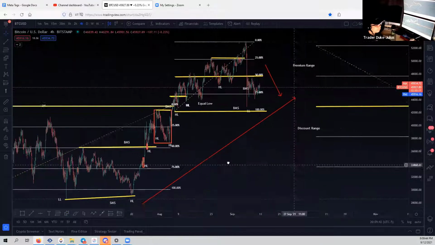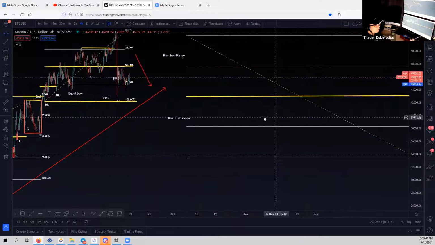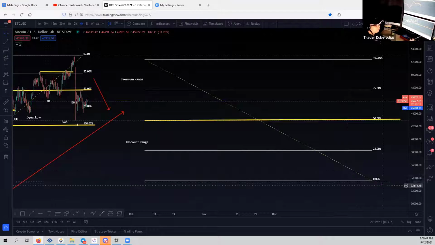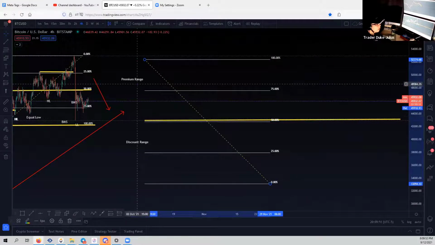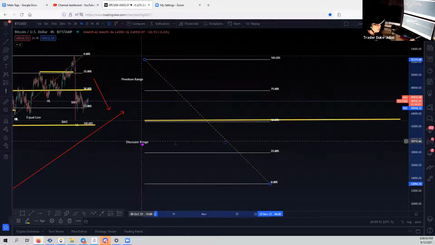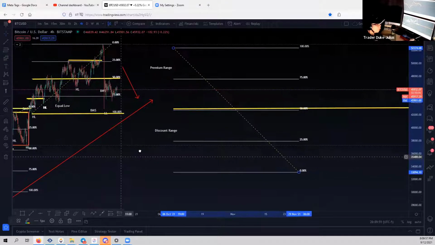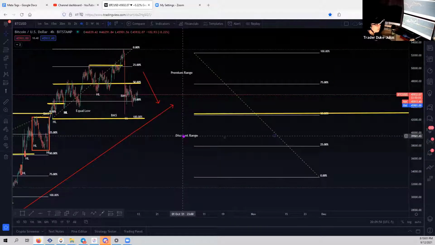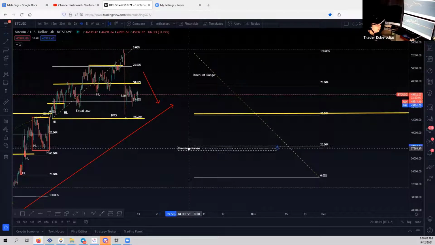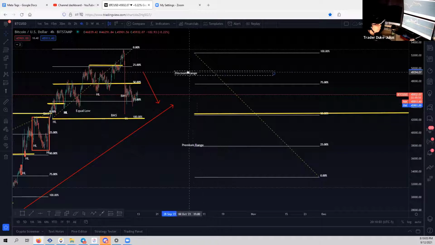Again, when I drop the fib, I'm looking to define the premium range and the discount range. Now, if we were looking for sell orders, this would be flipped. What is this would actually be up here. It'd be like this, right?